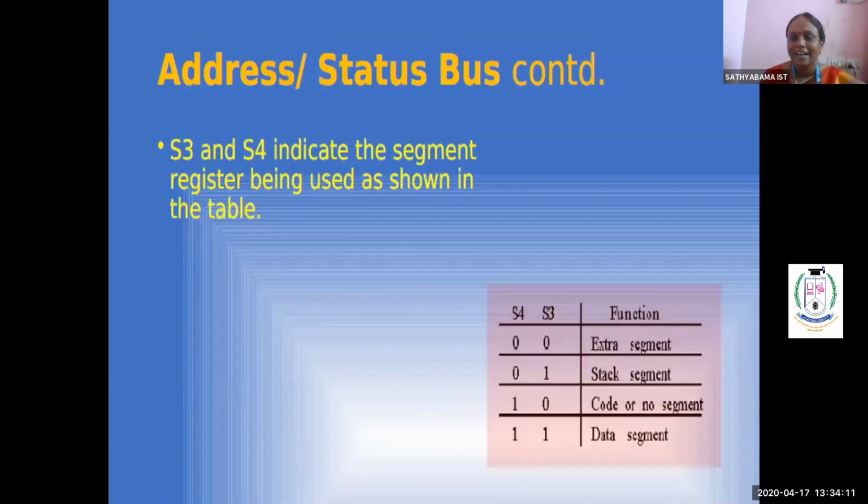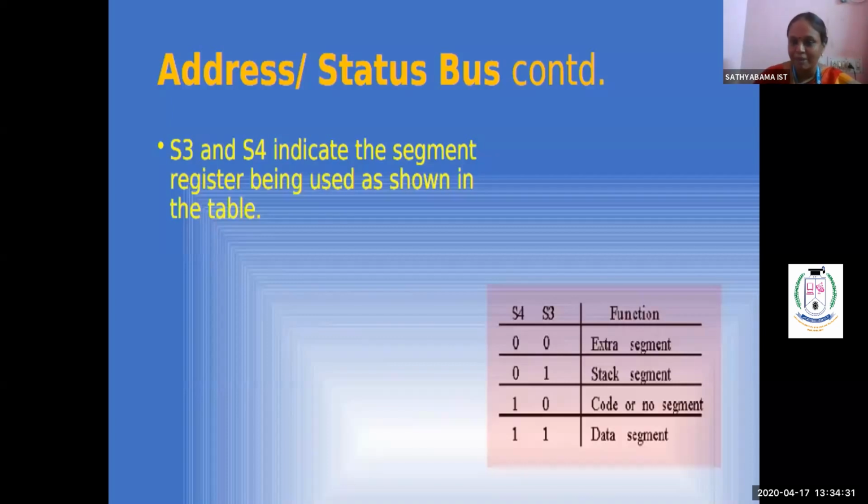I told you that S3 and S4 are mainly for segmentation. In the difference between 8085 and 8086, 8086 is mainly for segment operation. What is the memory capacity here? 1 MB, which means 2 power 20. In 1 MB, we have memory segments.